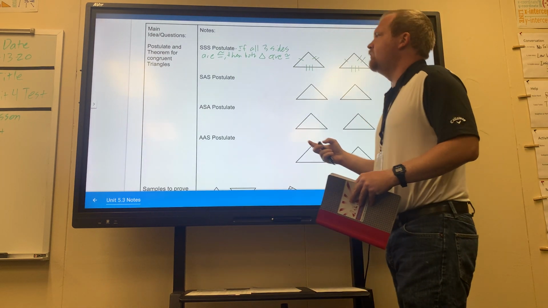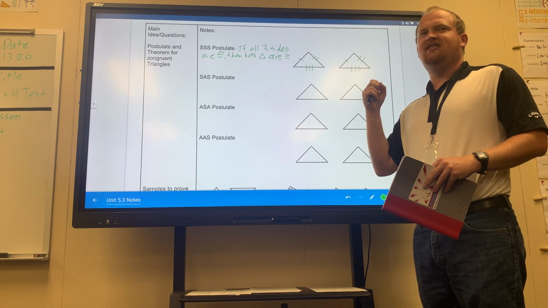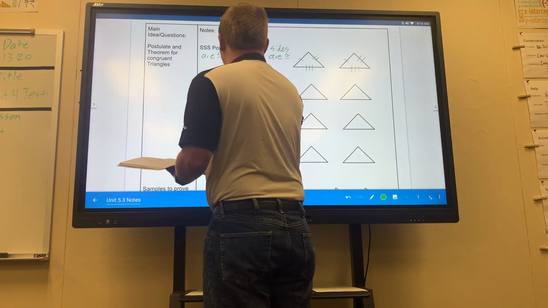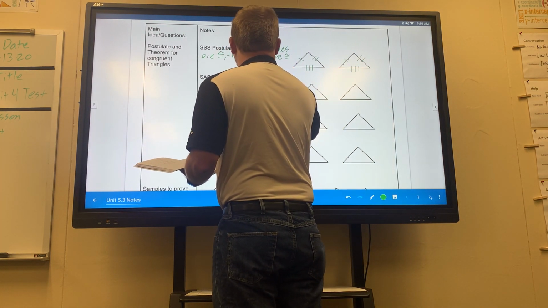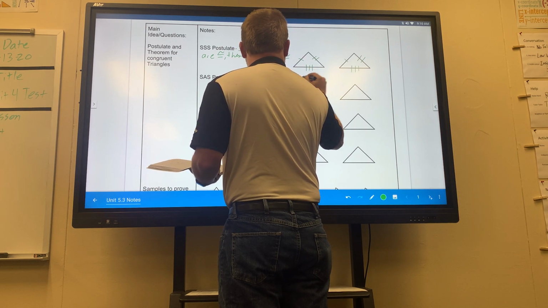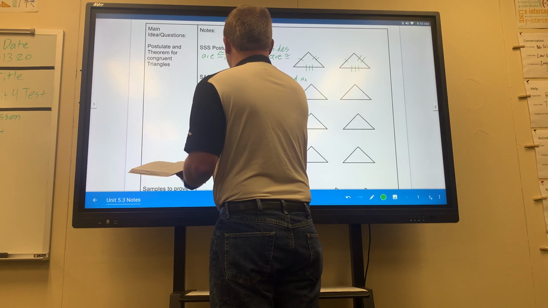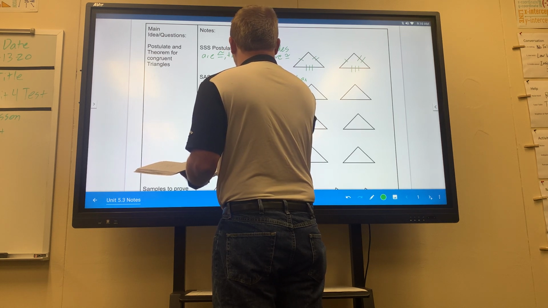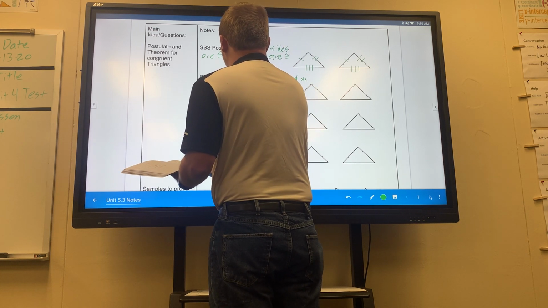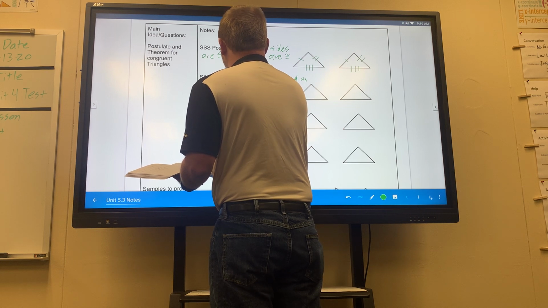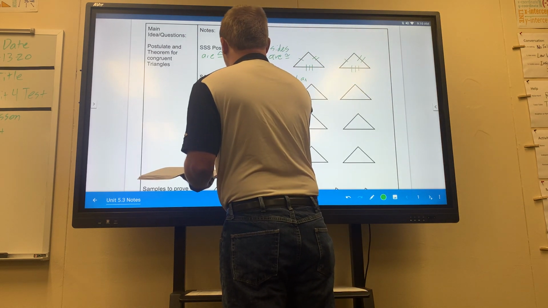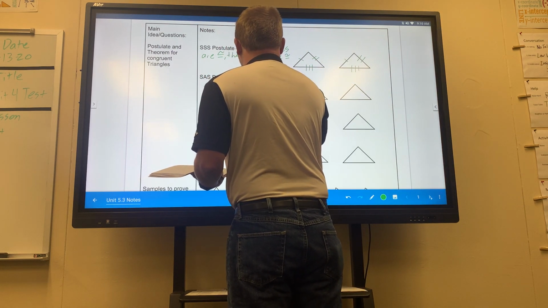Next, we have side angle side postulate, which is abbreviated as SAS, which basically tells us if 2 sides and an angle in between are congruent, then both triangles are congruent.